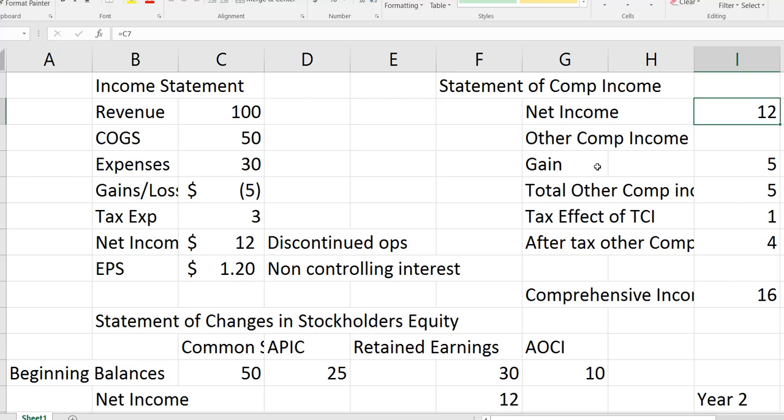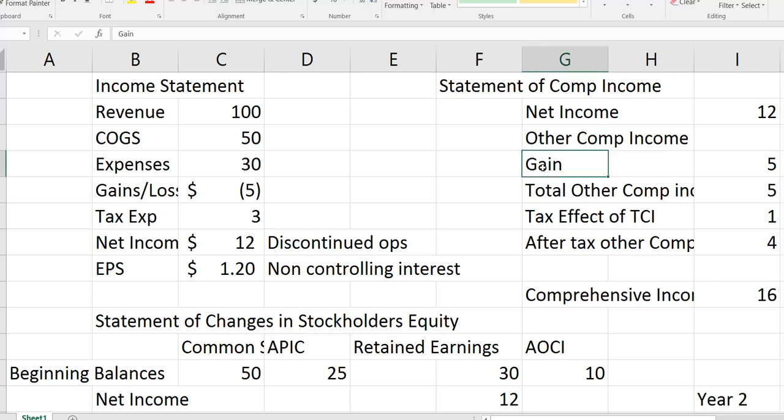If you don't have any of those, and every one of them is a little bit unusual, none of them are like routine transactions, then you would not have a statement of comprehensive income. So you have to have something in this other category, all right, to need this statement.